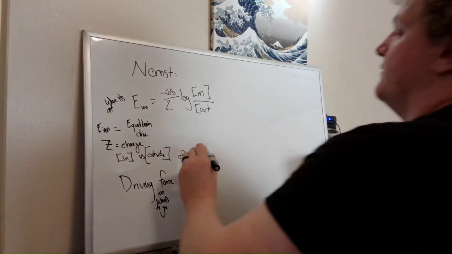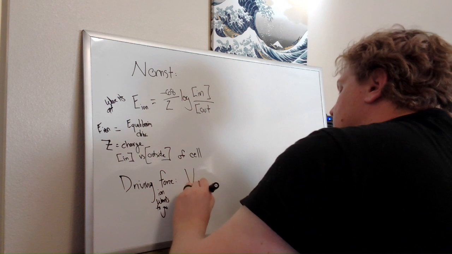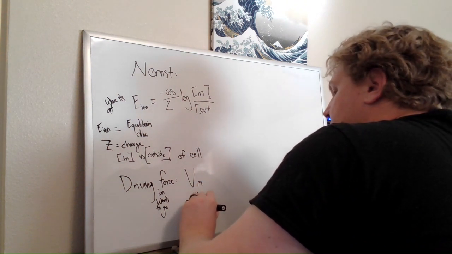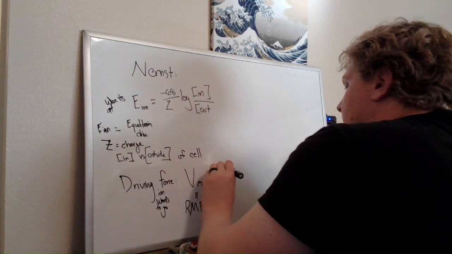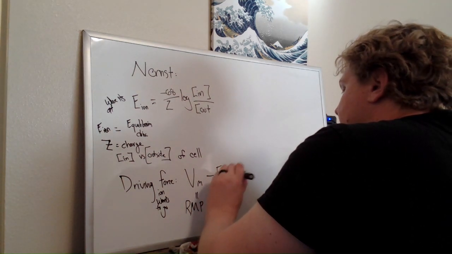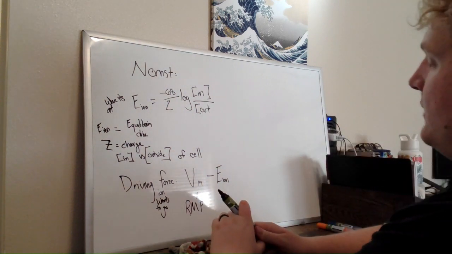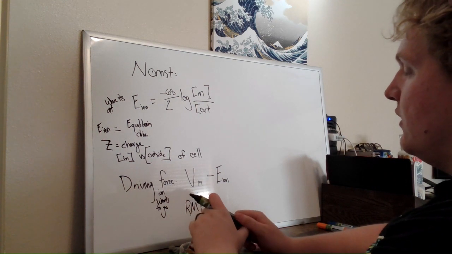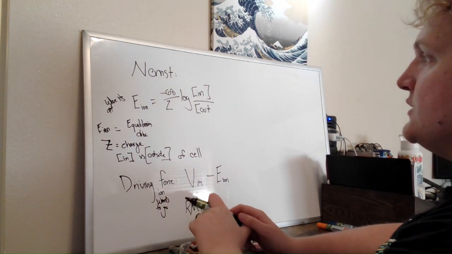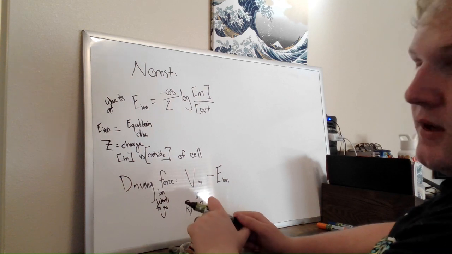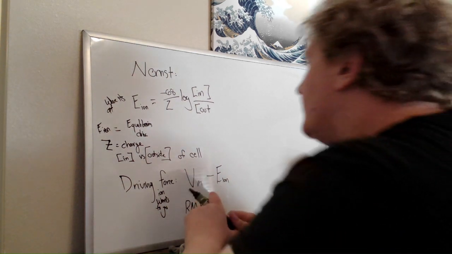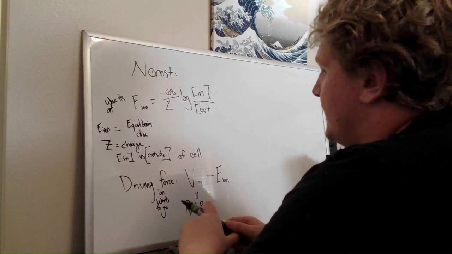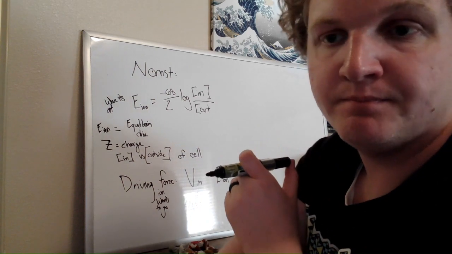Driving force follows this equation, which is Vm, which is the same as the resting membrane potential, minus Nernst's equation. And through this equation we can see, depending on what the conditions are, where the ions want to go, and then predict how that would change things within the cell. So yeah, that's it for this one.